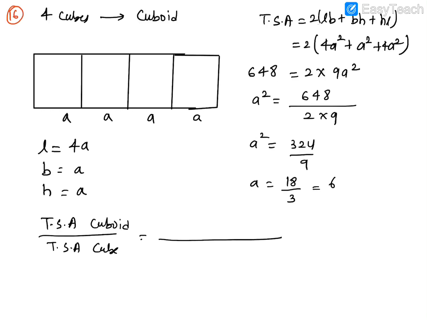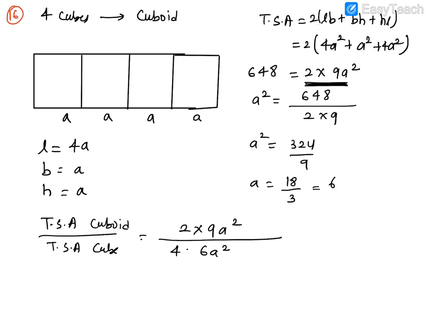TSA we already have over here, right? How much was the TSA they are given? 648. Or rather, look here, it was 2 into 9A squared. And what is the TSA of a cube? We know it will be 6A squared. But how many such cubes are there? There are 4 such cubes.